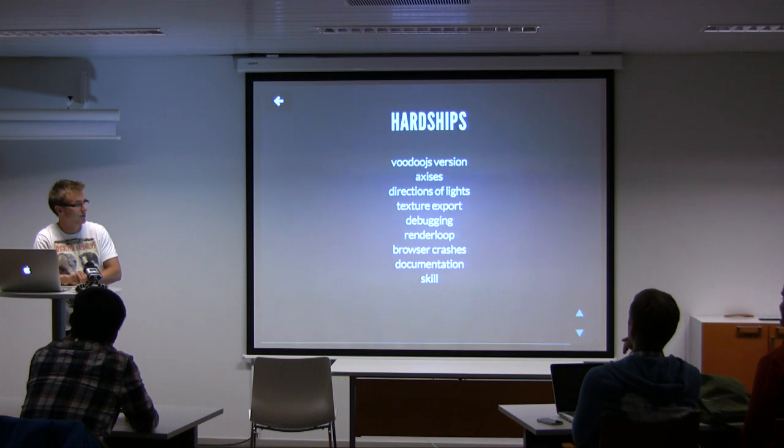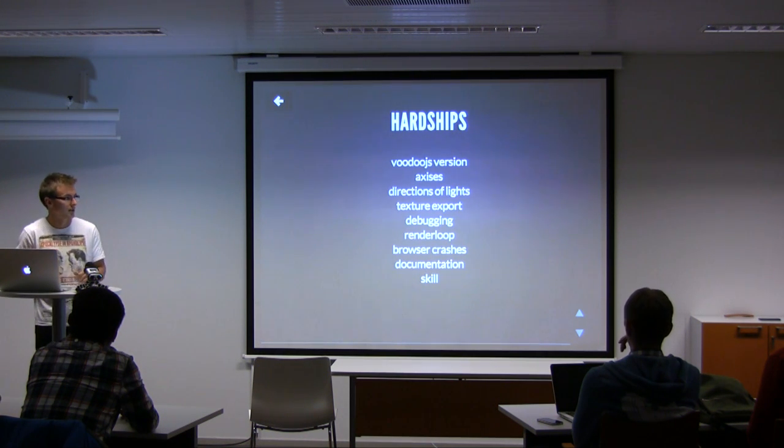We also had troubles with the axes, like he said. The lights, texture export was weird. Debugging is hard. The render loop can make your debugging also hard. If you debug something on each frame, you'll just end up flooding the whole console with the same message and so on. And if you do something wrong, you can really easily crash the browser because it consumes a lot of memory.